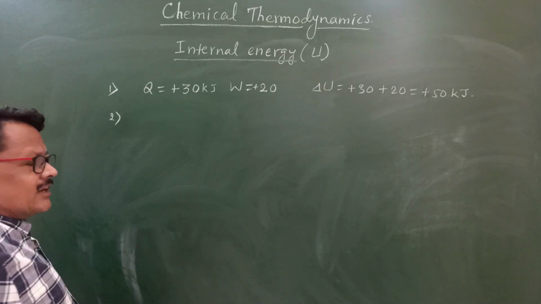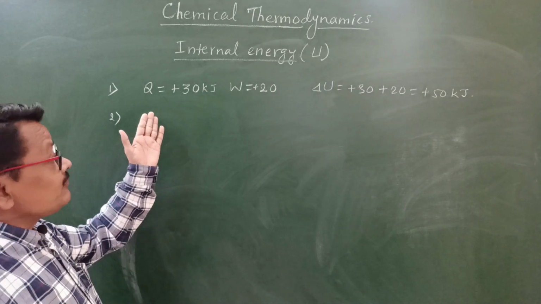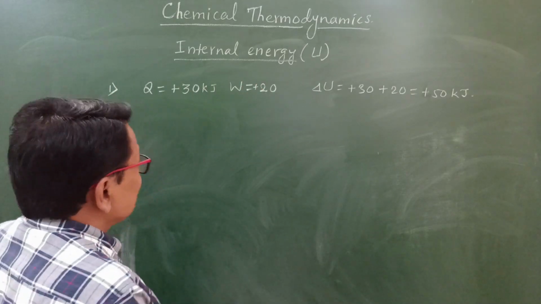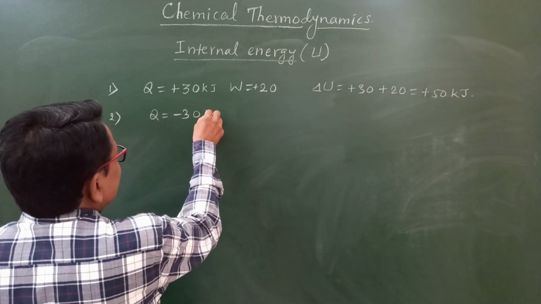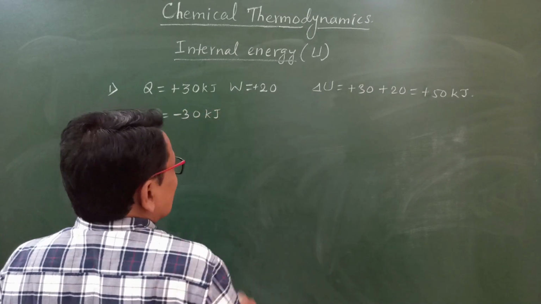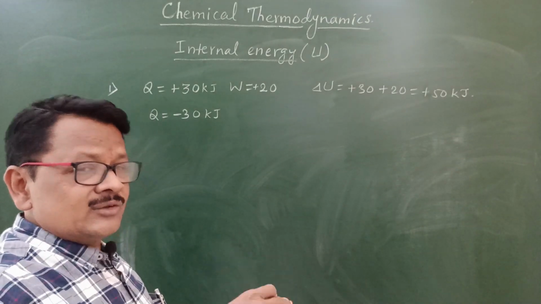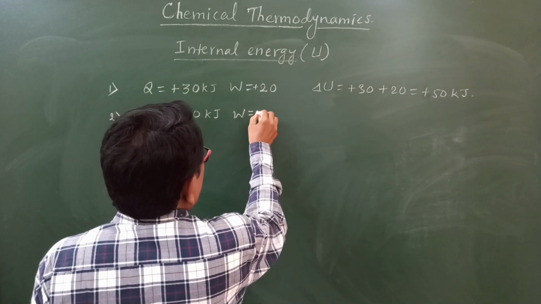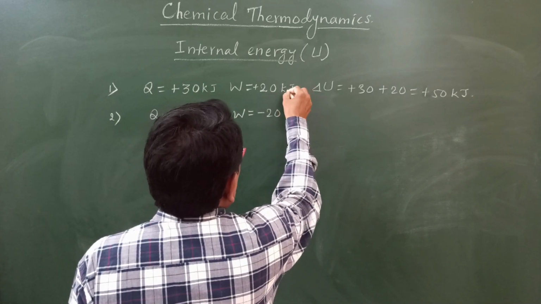Now consider the second example. If 20 kilojoule of heat is released from the system to the surrounding, released heat is given by a minus sign, and internal energy decreases. And 20 kilojoule of work is done by the system on the surrounding, means work of expansion, shown by minus 20 kilojoule.